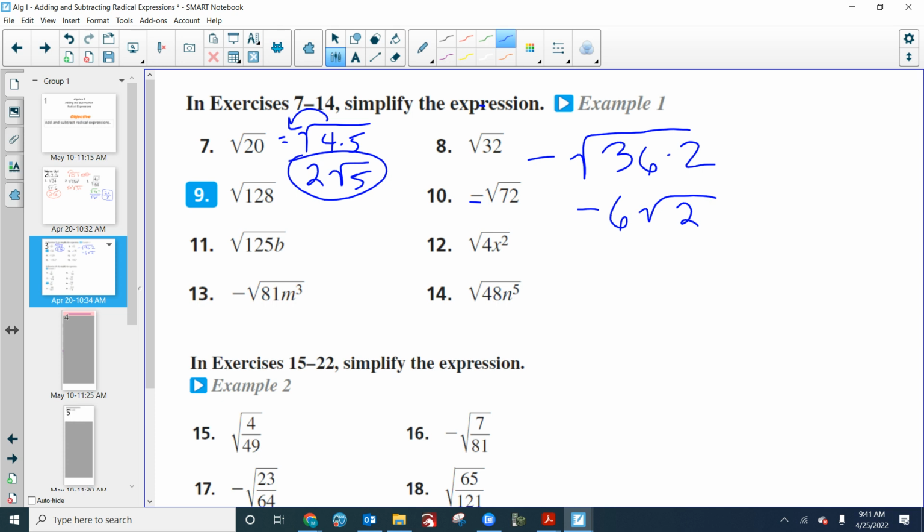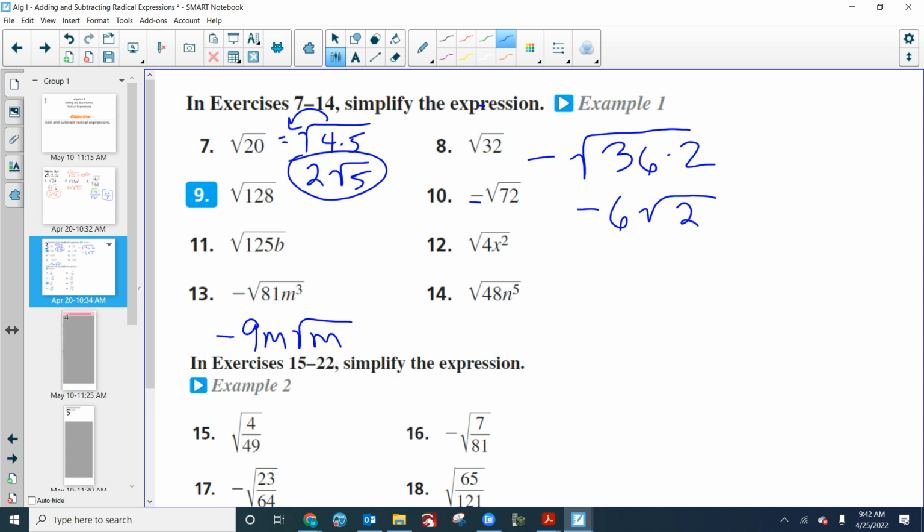So there's a negative out there, right? So it's going to be -9. Finish it. If it's m to the third, don't we have 3 m's in there? How many pairs? 1. 1 comes out. Okay, good.